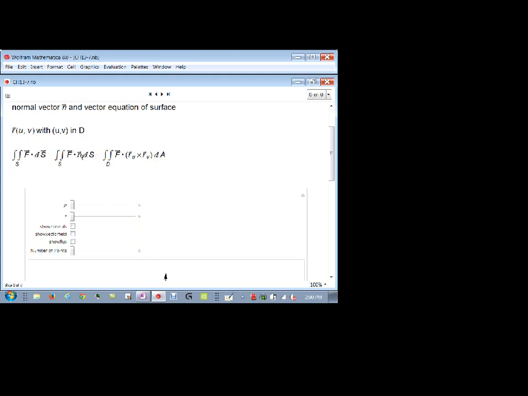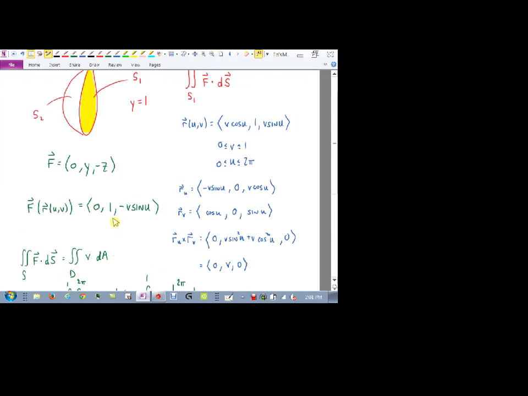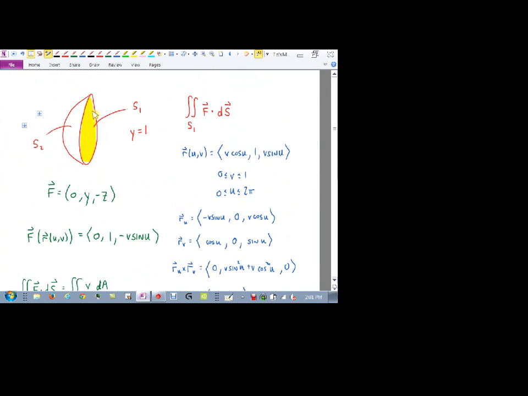Look at this right here. What is F dot N here? Come back over here. Tell me about my normal vector on S1. Pointing out y exactly, right?